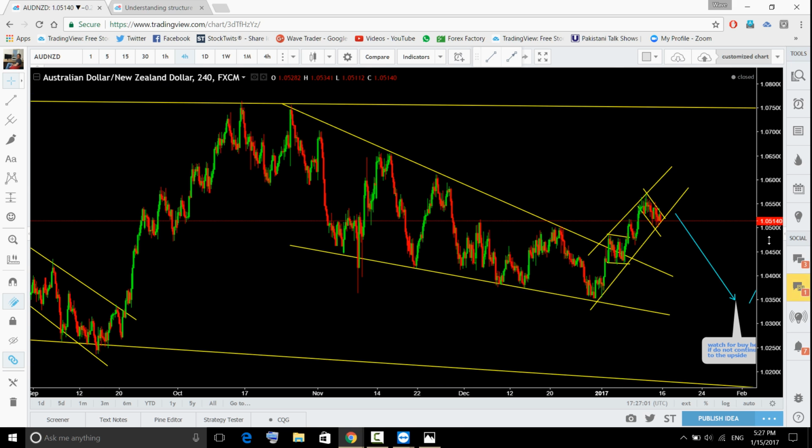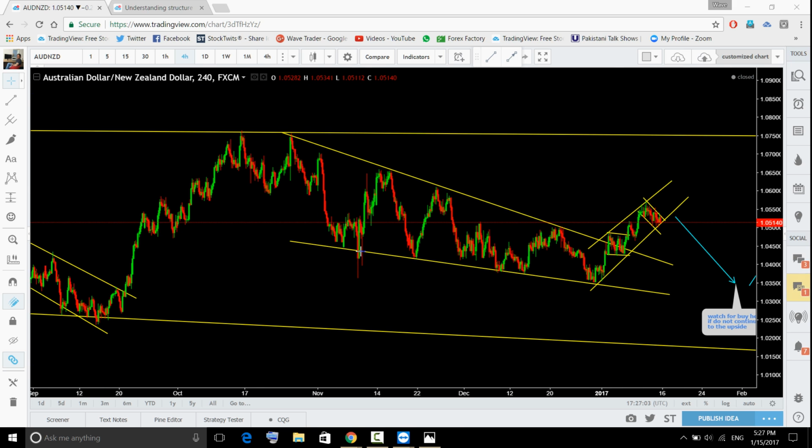Whenever price was coming close to this trend line, we were looking to buy. We sold here, you remember, this was the trend continuation pattern. Whenever price came close to the bottom trend line, we were looking to the upside, because we can see this is a trend continuation pattern to the upside.